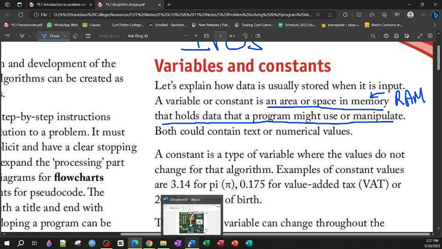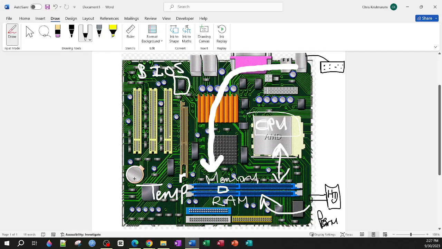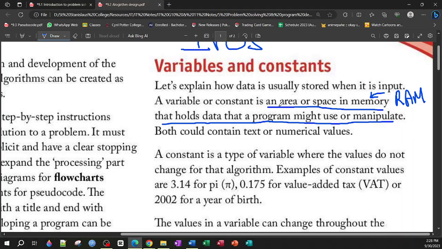So if it's, for instance, a calculator, and you enter the number one, a small area in the RAM is going to be used to store that number one, like that there. So that is what a variable or constant does. It stores the data for the program to work. Now, it could either be text data, like letters, symbols, or so on, or it could be numerical data, number data. Either one of those.